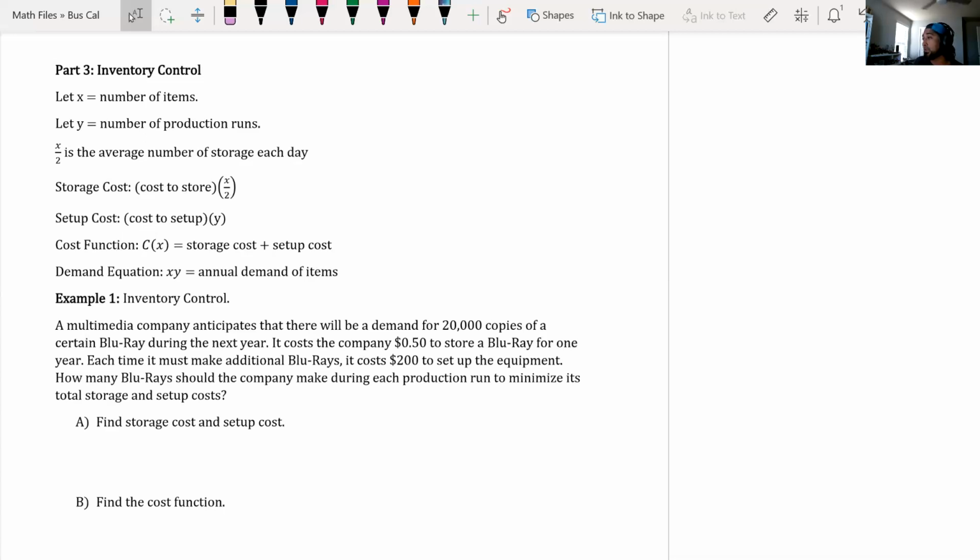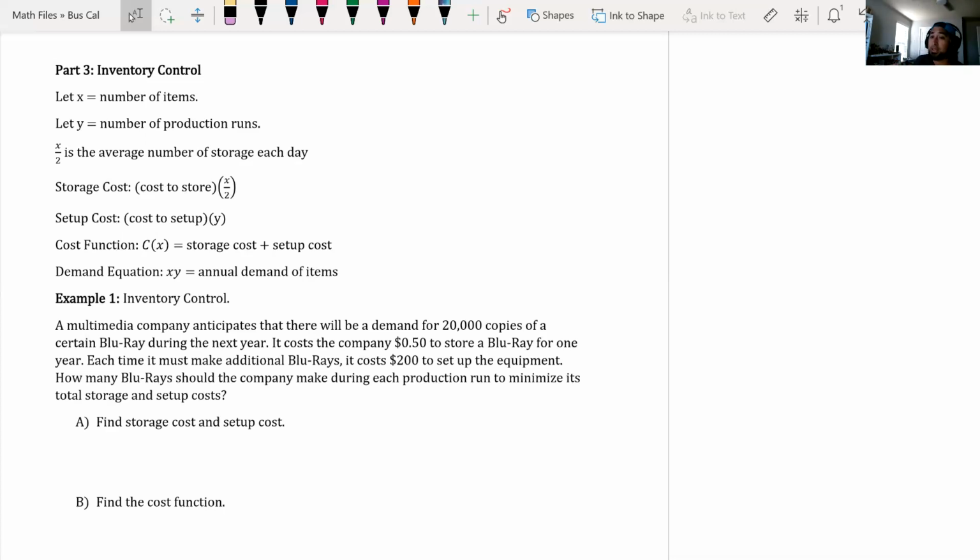So they came up with this X over 2 equation. Let's say you have a warehouse. One day it's full, the next day is empty, the next day it's full, one day it's half, and then it keeps going on like that for a year. So X over 2 represents the storage, the average number of storage each day.